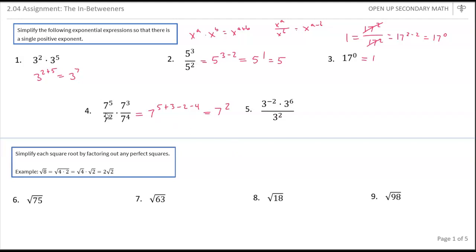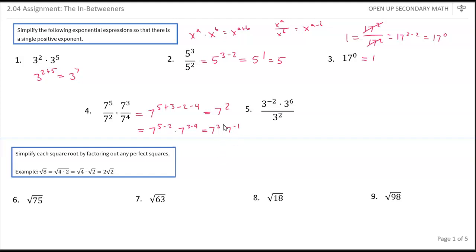Now some people did it a different way, or in a different order, where they simplified this fraction first and then this fraction first. Let's try that way and see what happens. If we try the second method, so this would be 5 minus 2, and then we multiply 7 to the 3 minus 4. 5 minus 2 will be 3, 7 to the 3, times 3 minus 4 is going to be negative 1, so 7 to the negative 1.